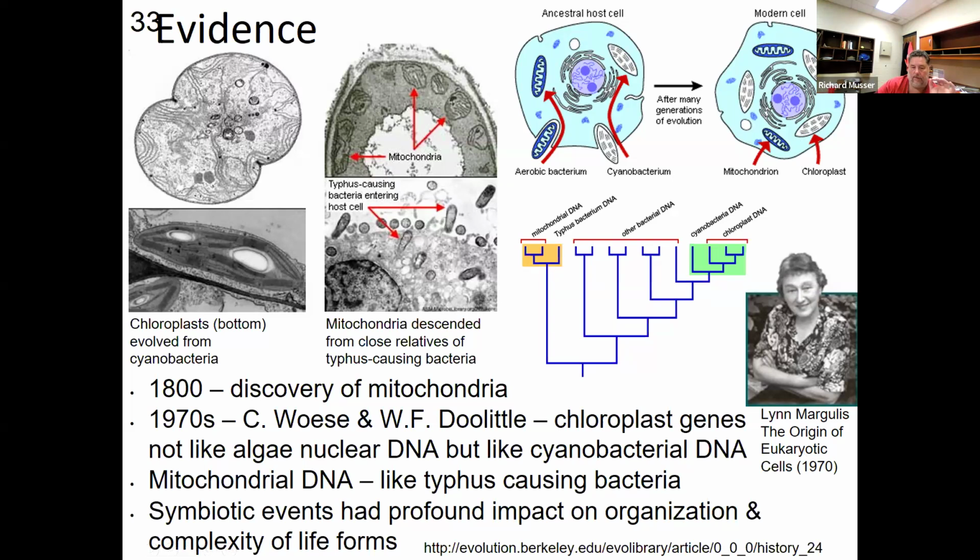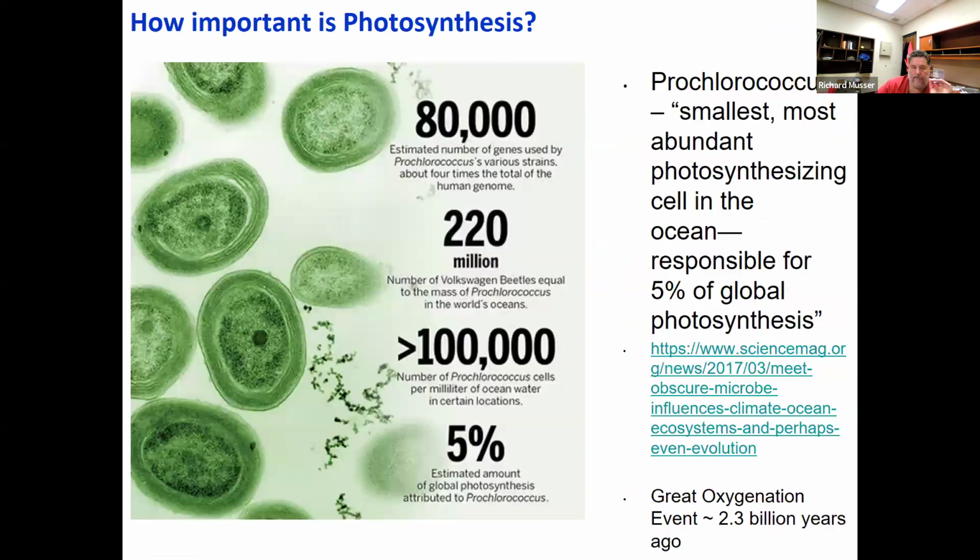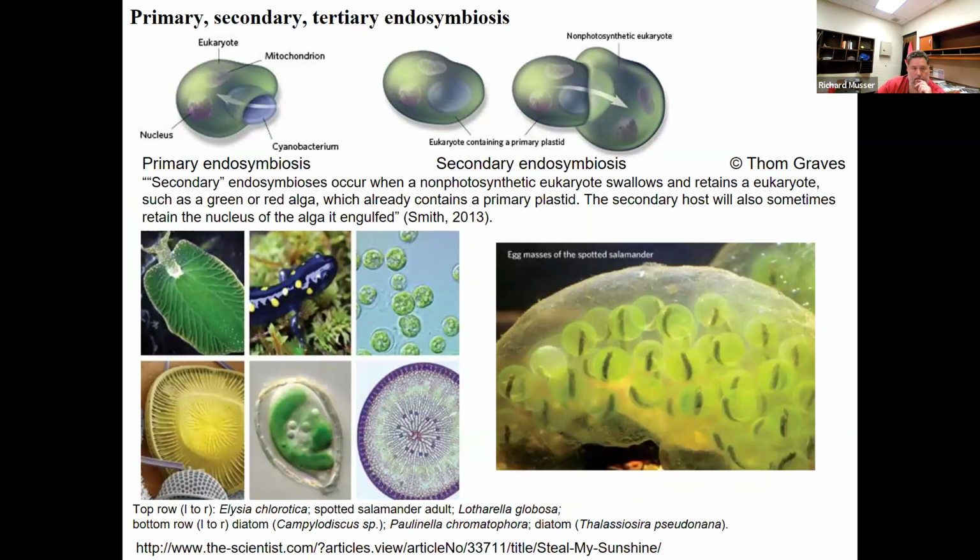So that's where the first ideas came up. We know things like photosynthesis are important. We already talked about this in another lecture. Let me show you a little bit more about the endosymbiotic theory.